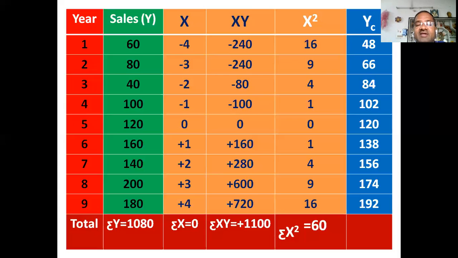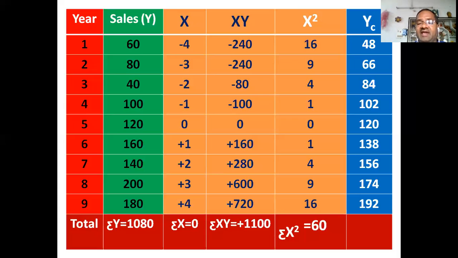When you make sigma XY, you should total negative values and positive values separately. Whichever values are more, from that the lesser values will be deducted. As here the positive region values are more, I have totaled them first. From that the total negative values can be deducted. Then I got a positive value of 1100.